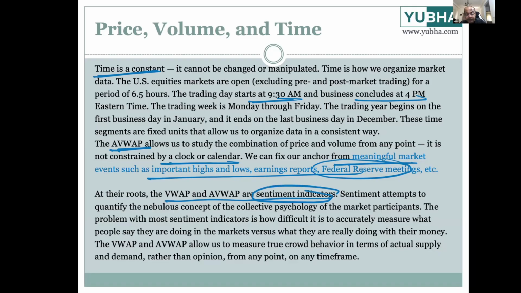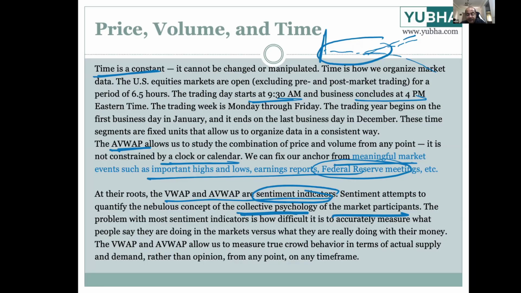Okay, they basically try to look at the collective psychology of all the market participants, because what happens is that if this is how the VWAP is forming, it means that the average player from this particular point, for that particular day, for that particular week, or from the time the earnings report has come out, is either moving up or is losing money, and the price of that particular stock is going down.